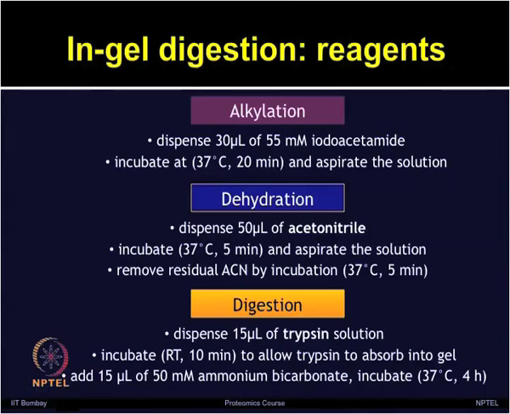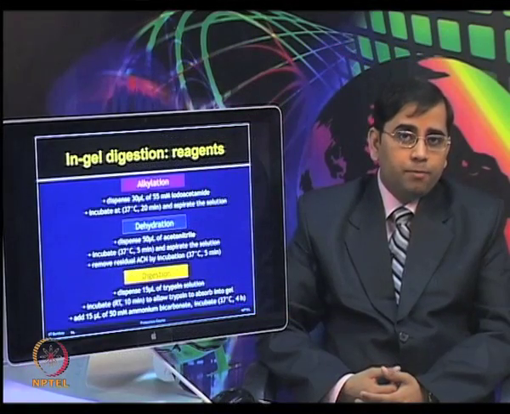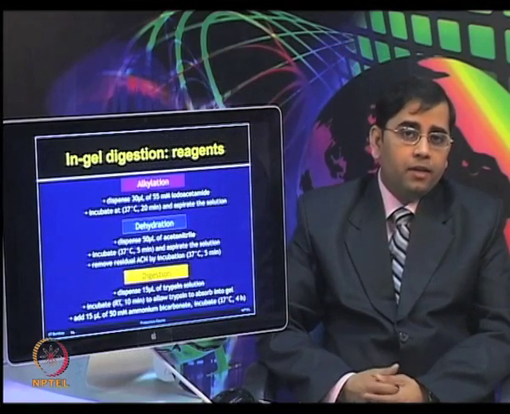The reformation of disulfide bonds may occur, so to prevent that, iodoacetamide, which is an alkylating agent, is used here. Again, you need to do the dehydration step, as the recipe is mentioned in the slide. You can add the acetonitrile, and then you are ready to perform the digestion, which is usually done by using trypsin.